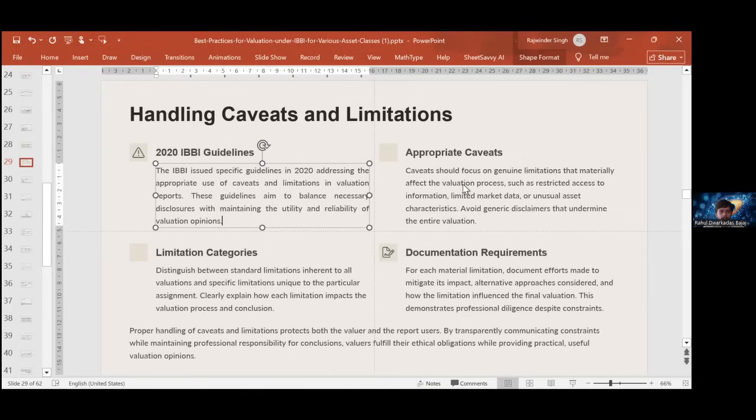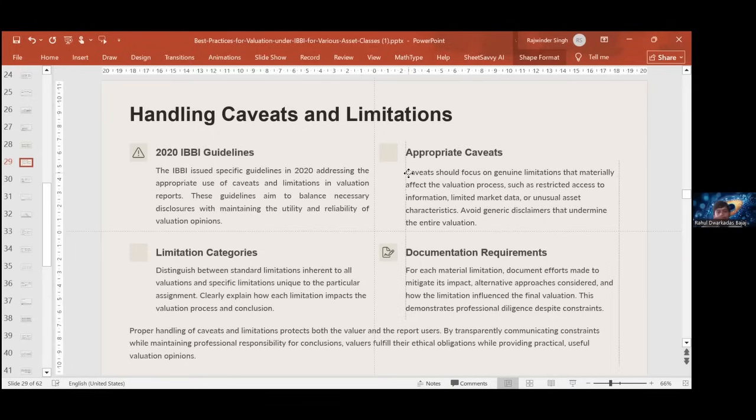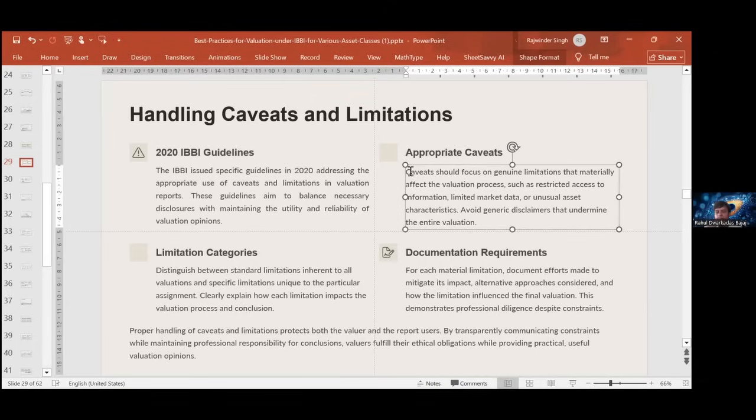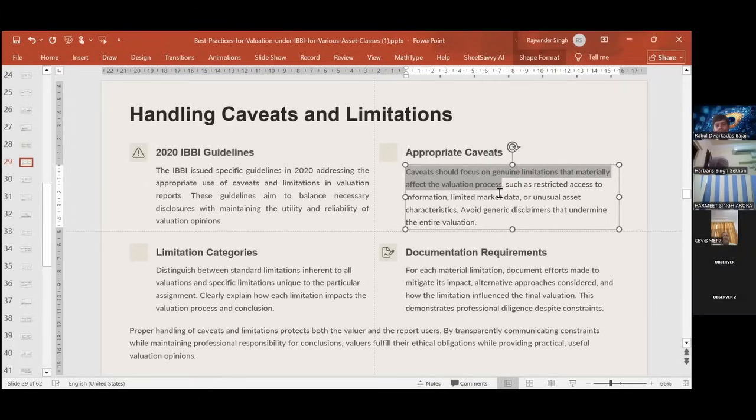So caveats should focus on the genuine limitations that materially affect the valuation process. So see this thing, what is caveat and what you can mention in the caveat? It should focus on the genuine limitations that materially affect the valuation process.